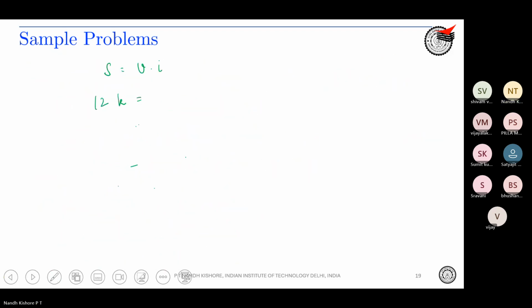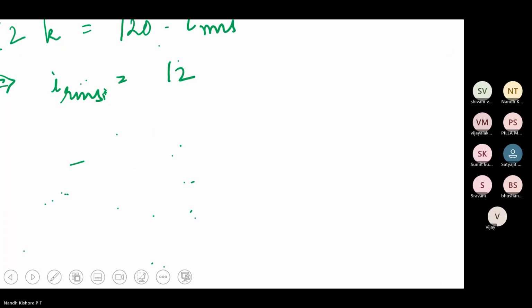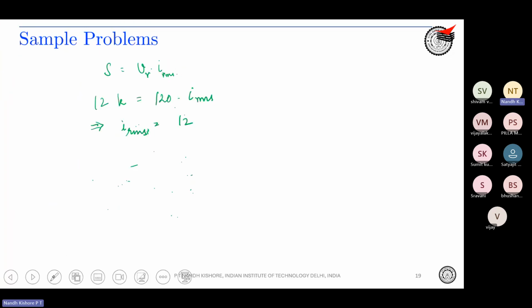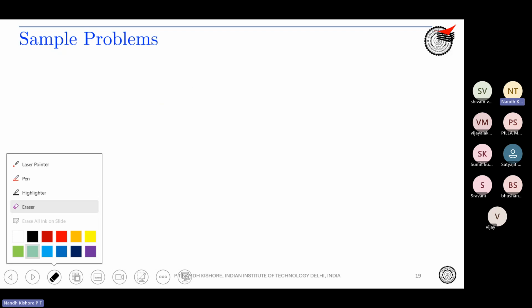Therefore S is V RMS into I RMS. Let me write this again.